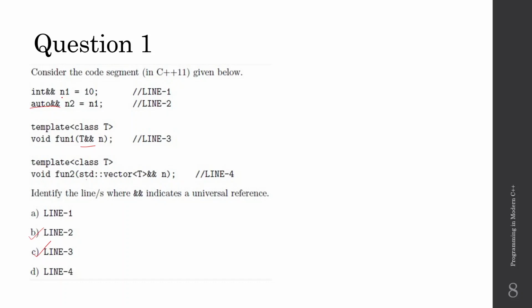For n1 it's specified as integer reference. For n it's not specified. Okay, sir. So it depends on what we pass. If we pass a double value like this, then n will be double. Okay, sir. Thank you.